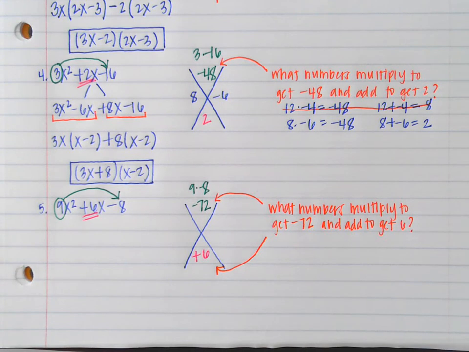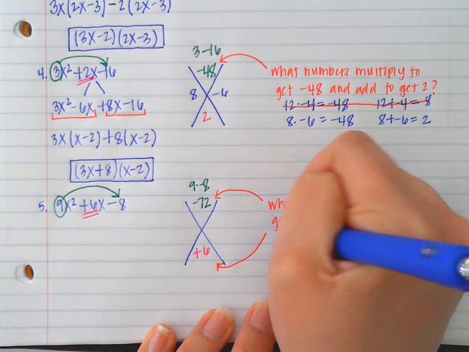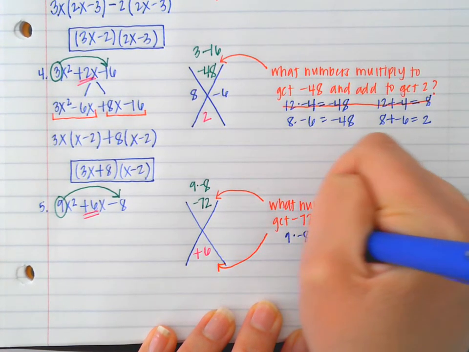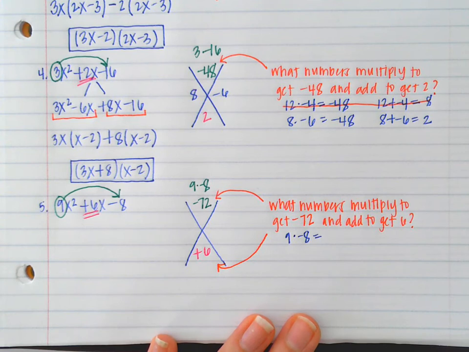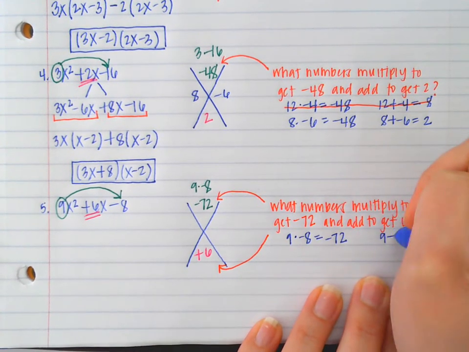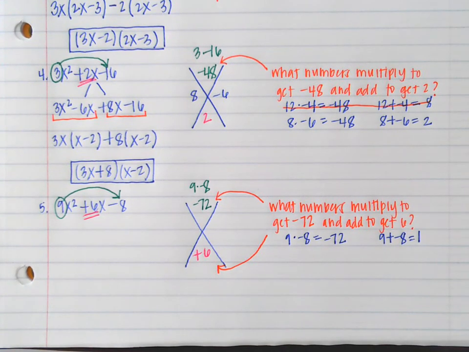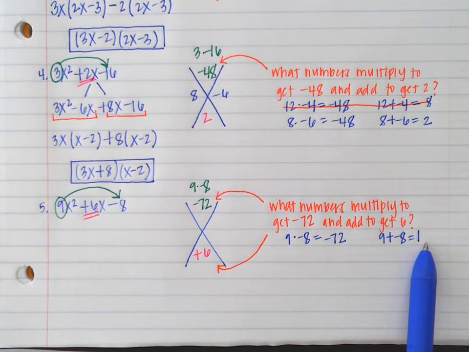Well, sometimes negative 72 is a hard one, right? We can think about, okay, what about 9 and negative 8? 9 times negative 8 is negative 72, but 9 plus negative 8 is 1. That doesn't work out. Even if I were to switch the signs, negative 9 plus 8 is negative 1. So I have to go back to the drawing board.